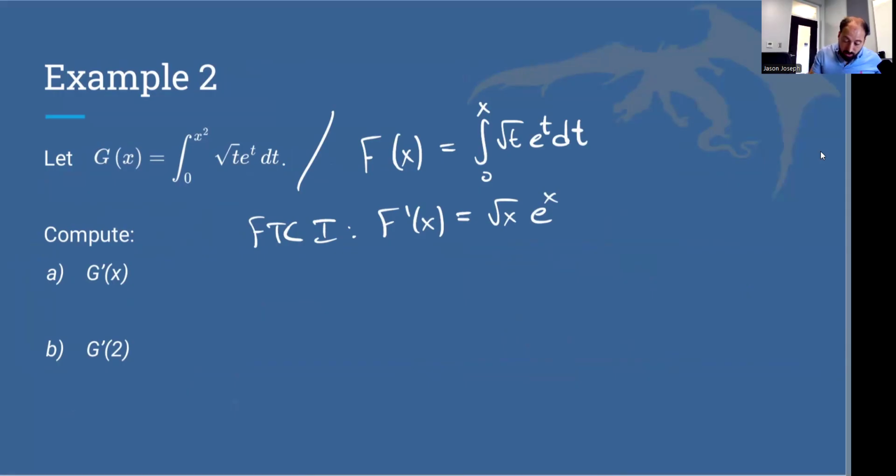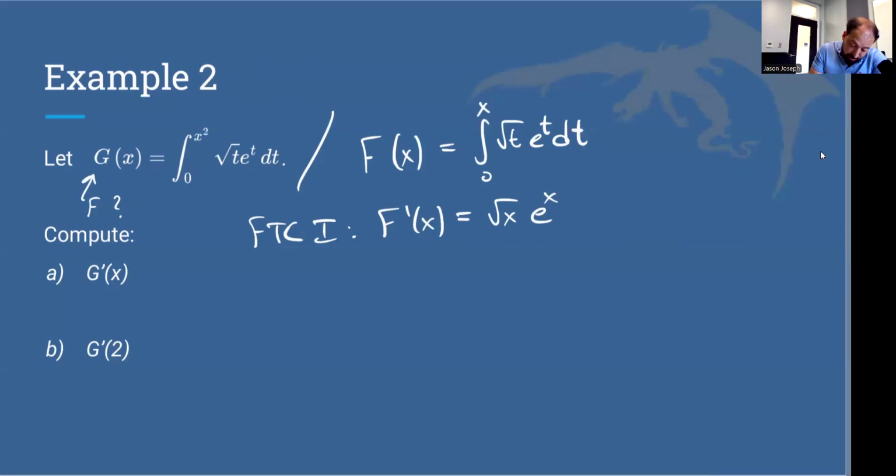And now understand this g function we're given in terms of the capital F that we know how to take its derivative of. How do I get this from this? Well, if I plug x squared in for that x, I get that.